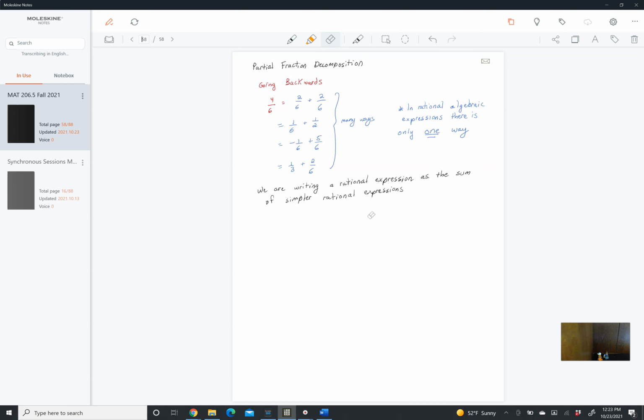So a proper fraction, for those of you who do not remember from elementary school, the numerator is less than the denominator. Now, algebraically, that might be hard to see, so we look at the degree.